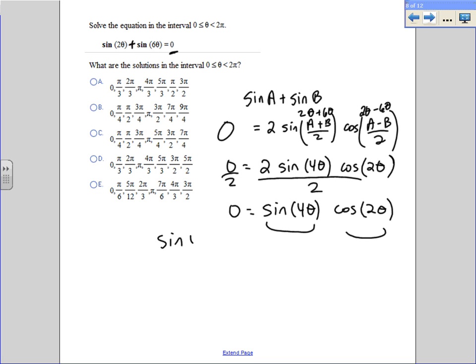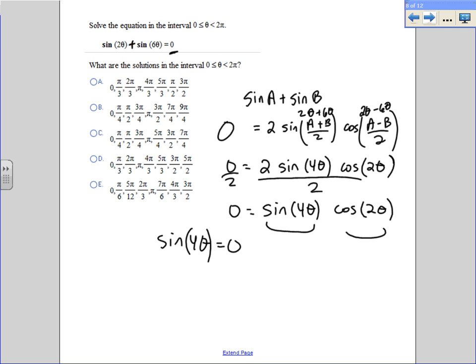So we'll have sine 4 theta equals 0. And so let's think about this here. All right, where is sine 0? So sine would be 0 at 0, and it would also be 0 at pi.